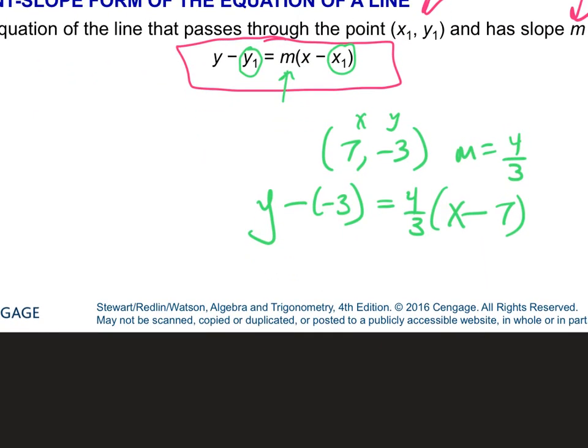And then you would simplify that because 2 negatives gives you a positive. So your answer would be y plus 3 equals 4/3 times x minus 7. I just made that example up. But when they want it in point slope form, that's all you have to do. You can go through and solve for y, and then it would put it into y equals mx plus b. But if they ask you for point slope form, leave it in point slope form.